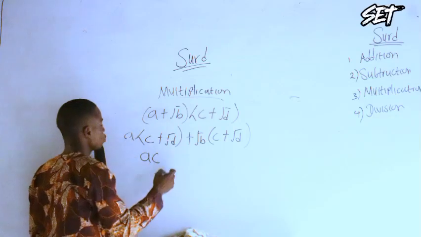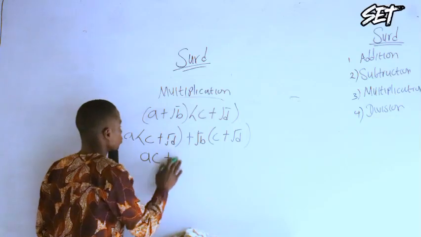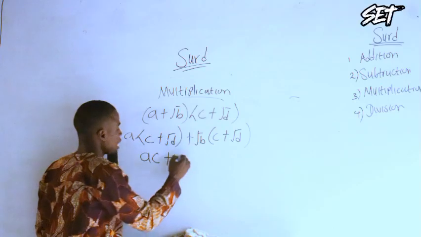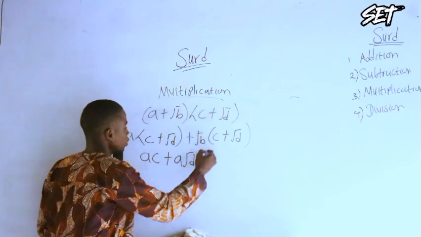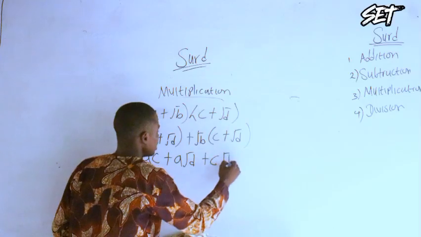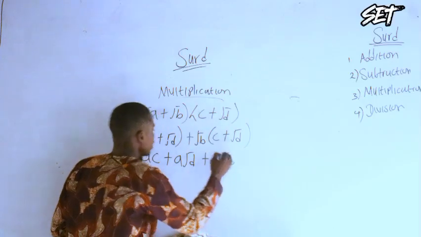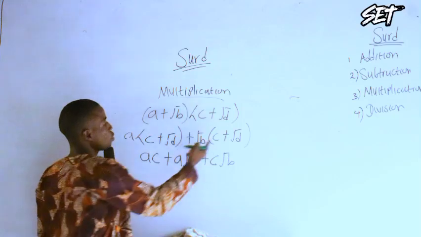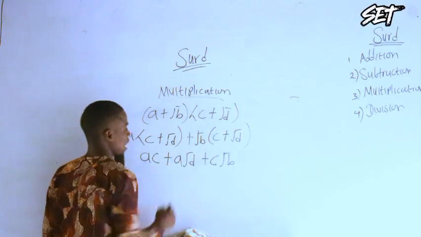Now, this one and this is AC. This one and this will be plus A root D. Plus this one and this is C root B. This one will be at the back, it will not be inside.